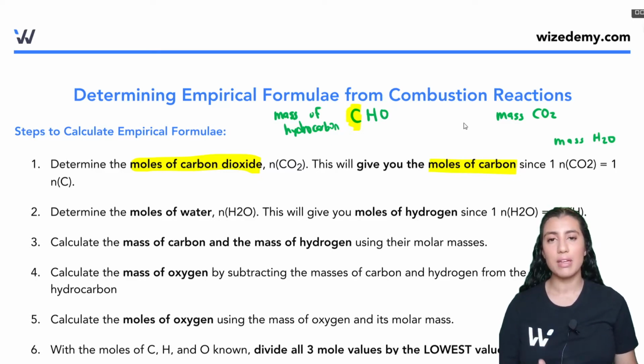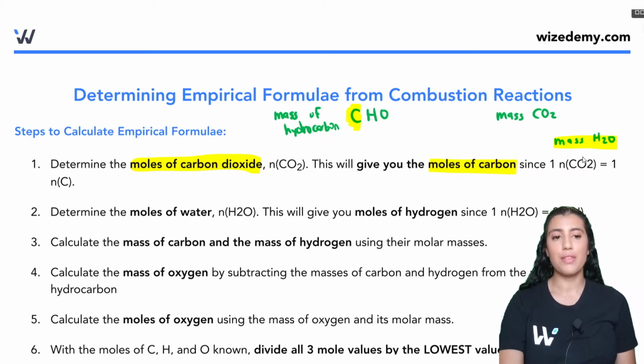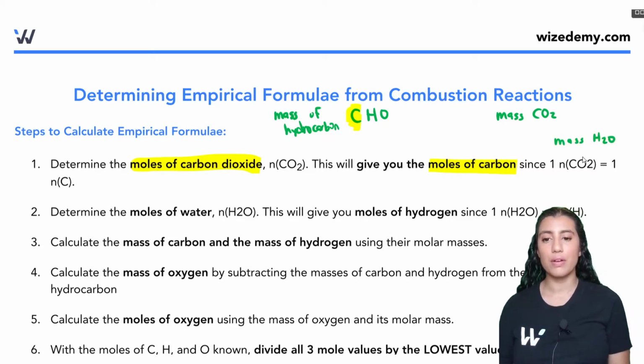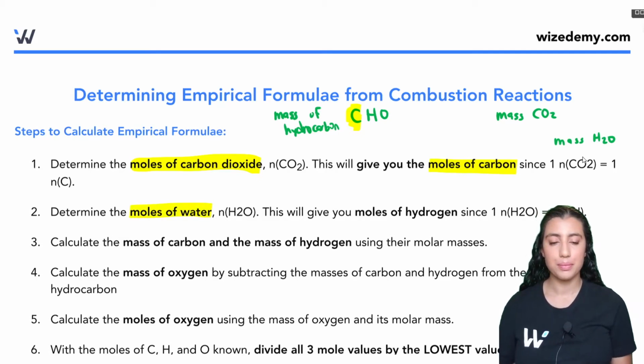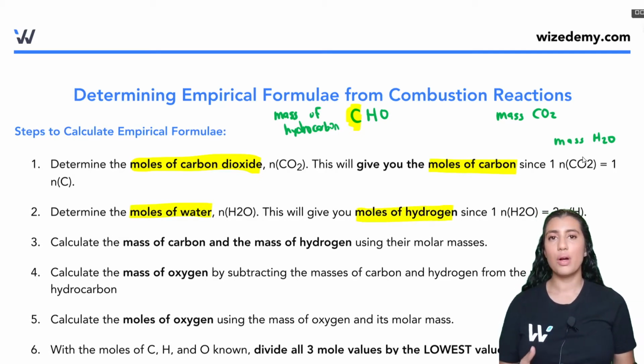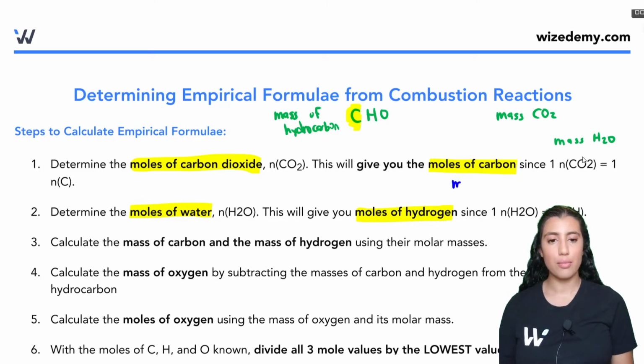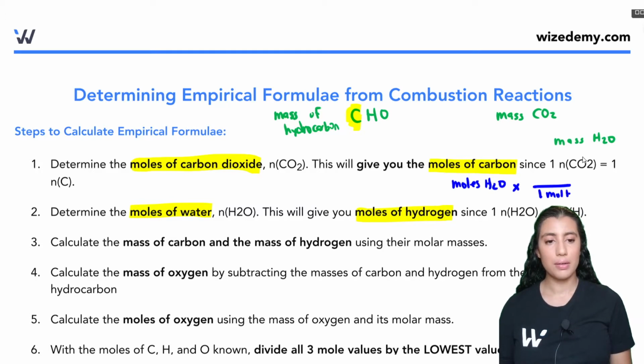Next, you can do the same exact thing with water. That's kind of nice. If we're given the mass of water, you can then find the moles of water, and then using the moles of water, you can figure out the moles of hydrogen. There's just one difference here. Notice that when you have moles of water, for every 1 mole of water, how many moles of hydrogen are present?